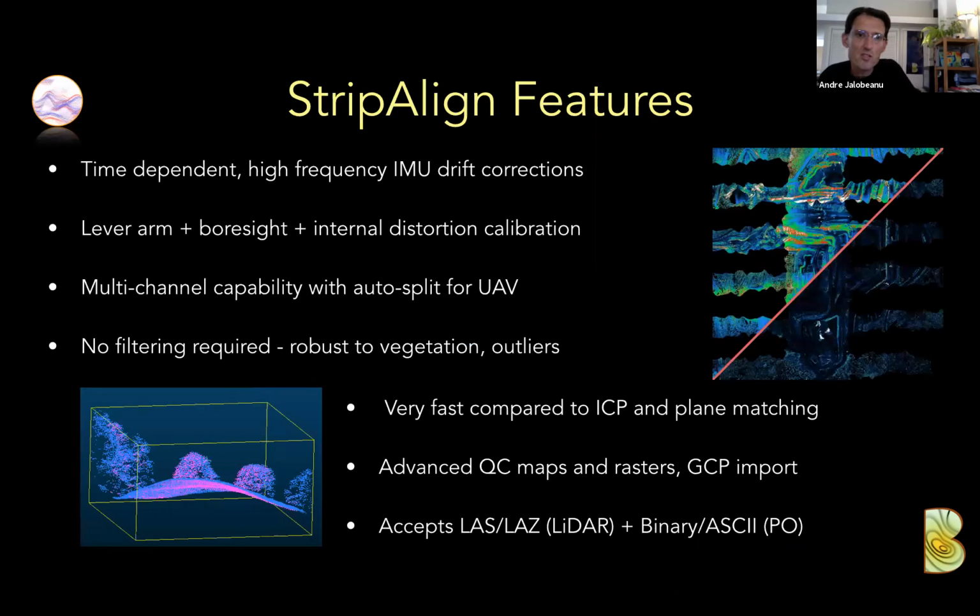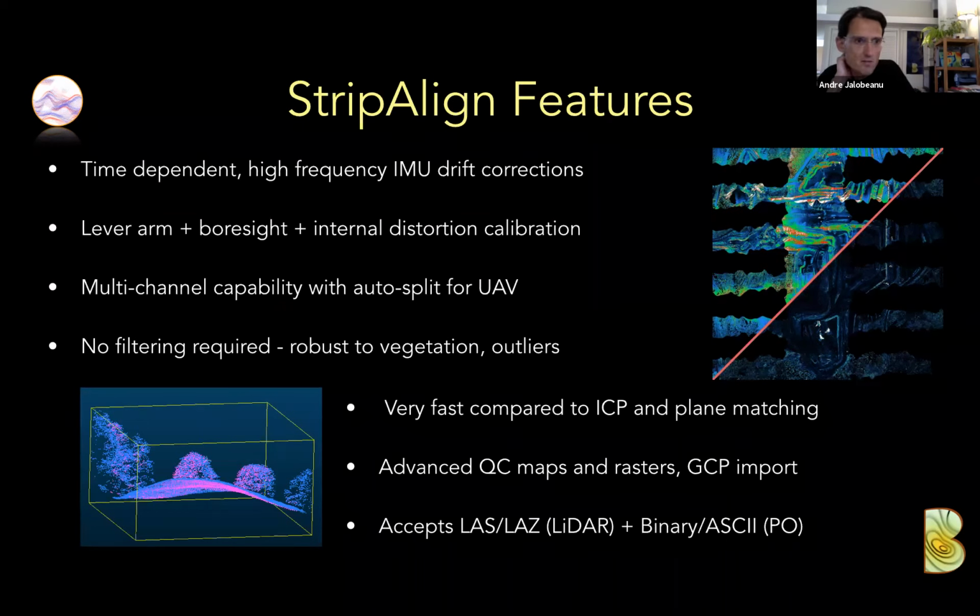So now I'm switching to StripAlign, our flagship software product. This is a software that's taken a few years to mature. Basically what it does is align swaths of point cloud data using trajectory and attitude information.